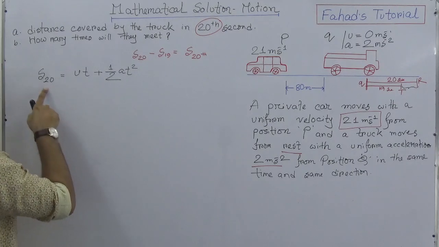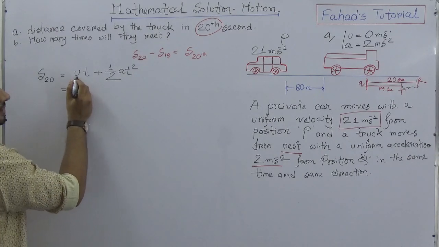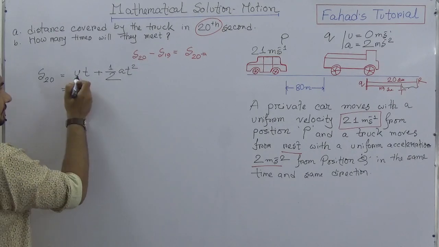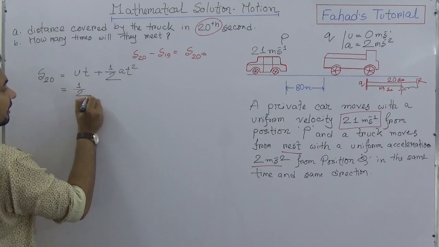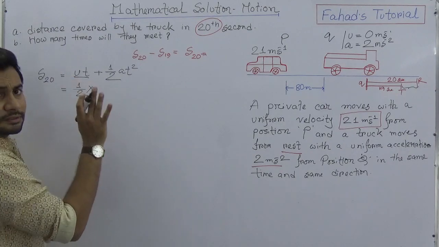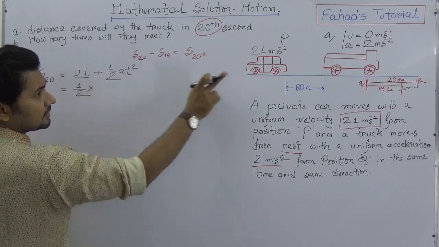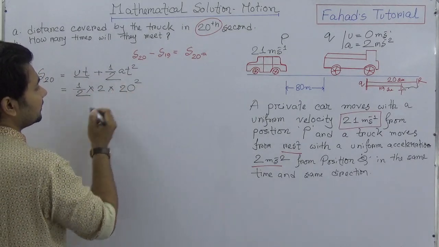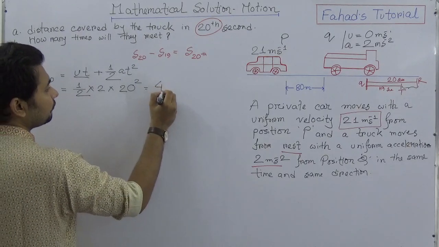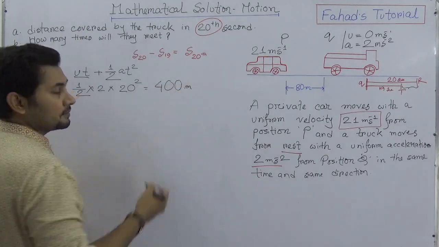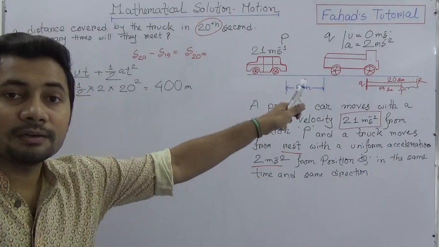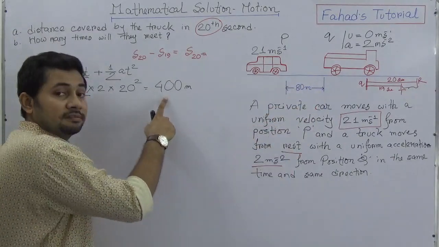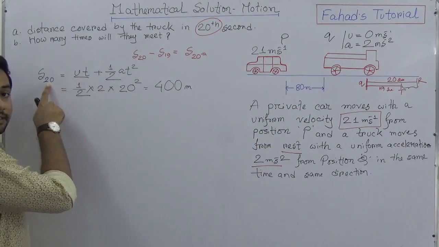We know that the initial velocity is 0, so the ut term vanishes, and then a is 2 and t is 20 square. So we know this is 400 meters. According to the stem, the truck will cover 400 meters in 20 seconds.